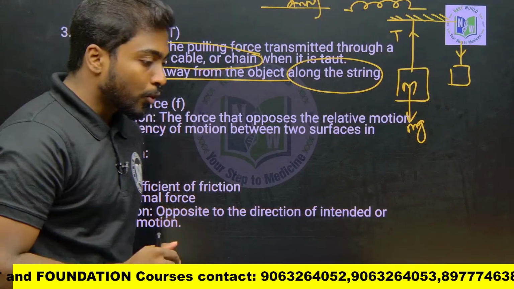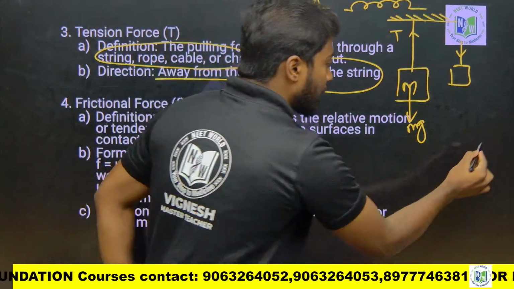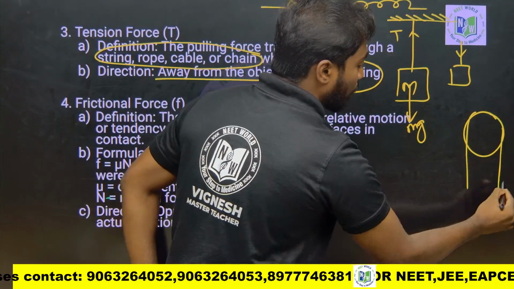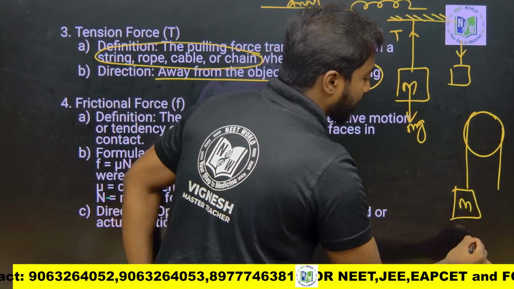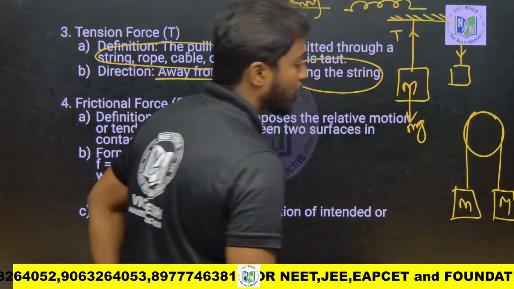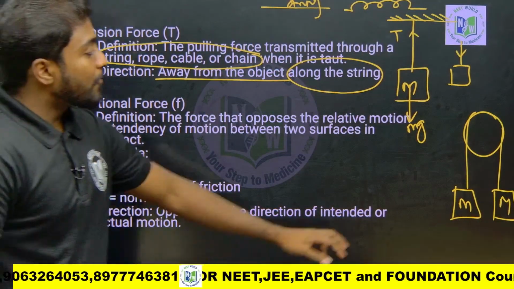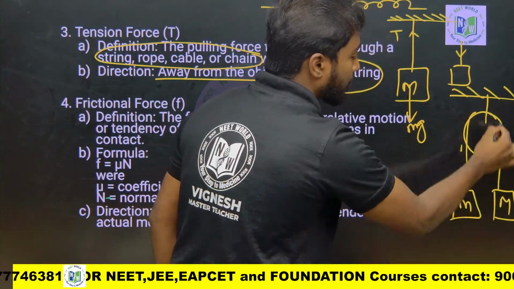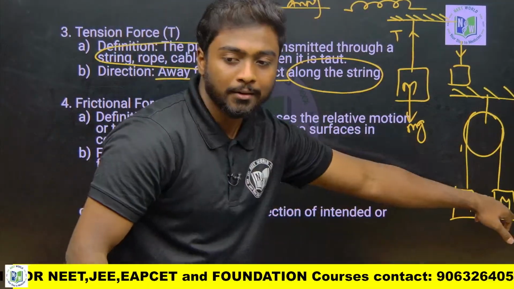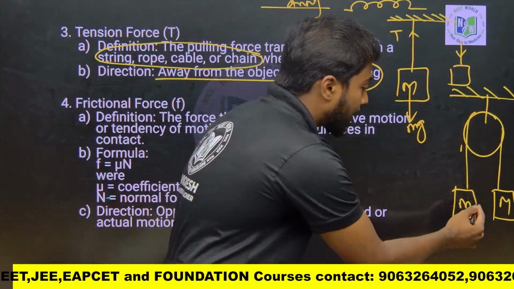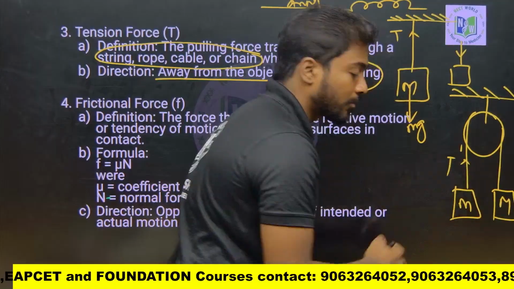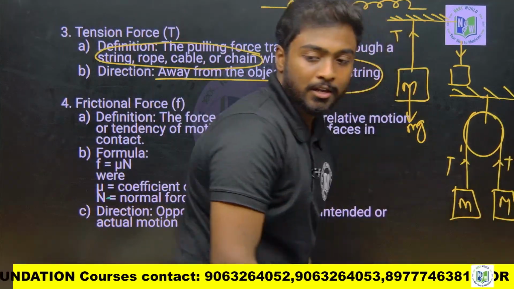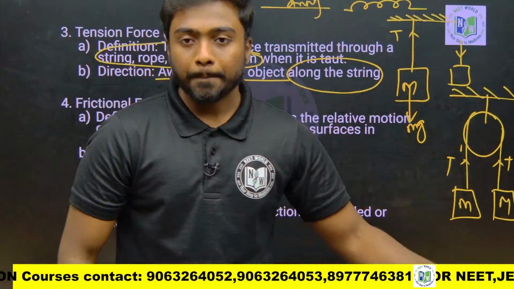And one more thing you need to remember, like at Woodward, this is small mass m and capital mass M, okay. If I see here, a string is the same, a cable or a string, same for the small mass m and capital M. If I consider a tension for this one, it is T, away from the body, and for this also the same tension, T. If the string changes, tension changes.